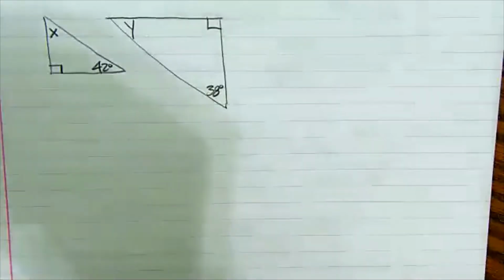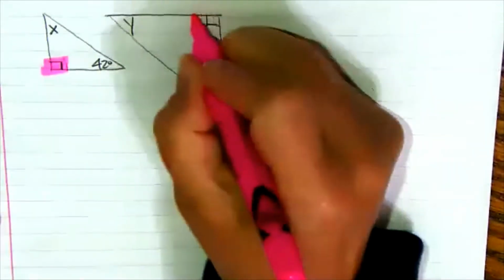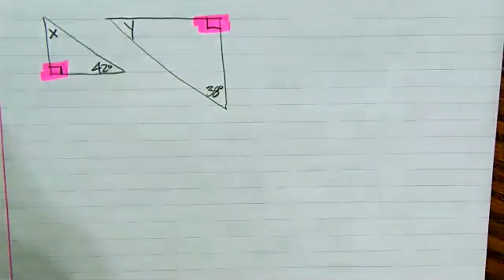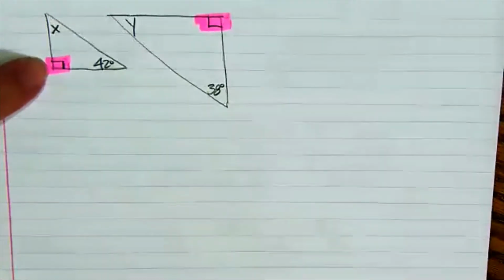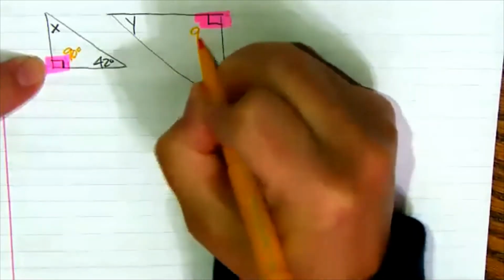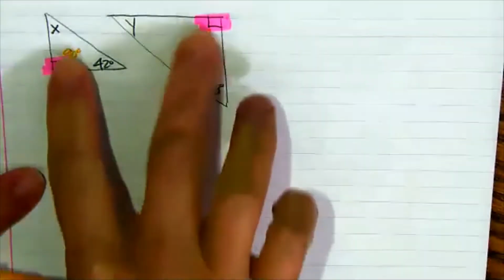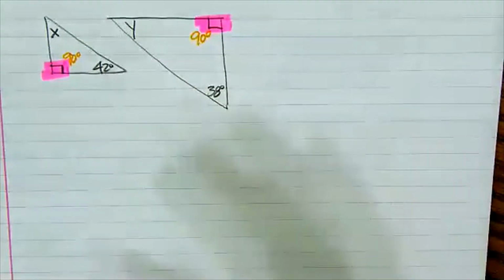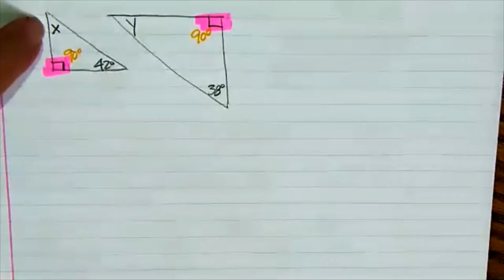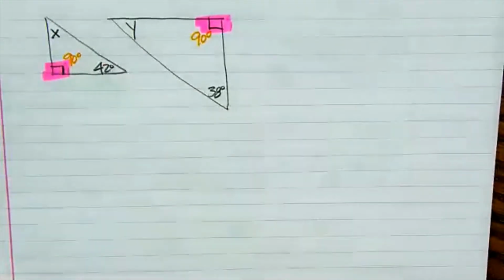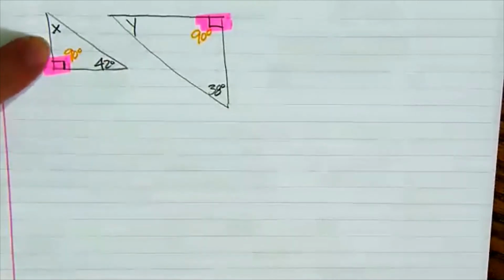Well, I can see that we have one pair of congruent angles. Remember, this box indicates that it's a right angle, which means that it's 90 degrees. So we have one pair of congruent angles. Now, I need to figure out either x or y. It doesn't matter which one. I'm going to go with x.